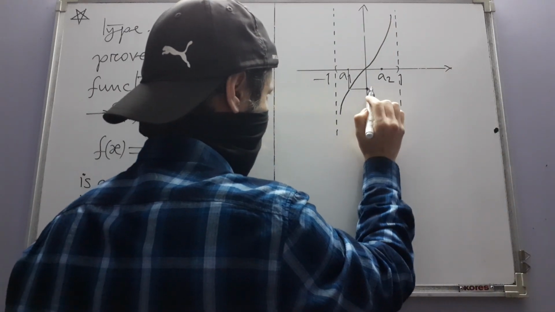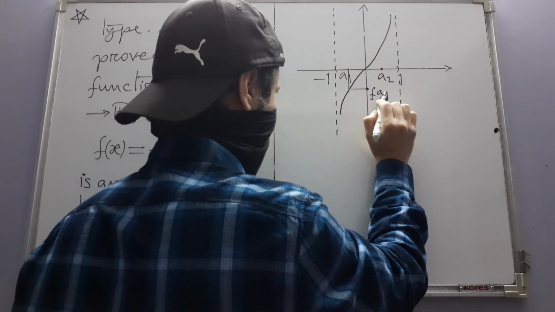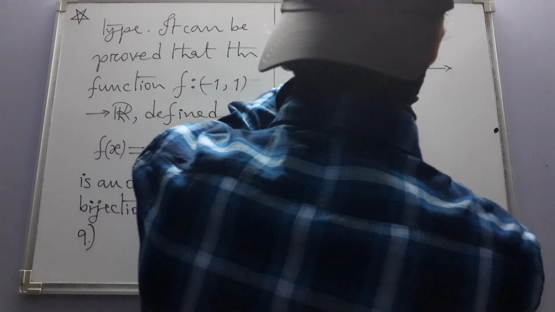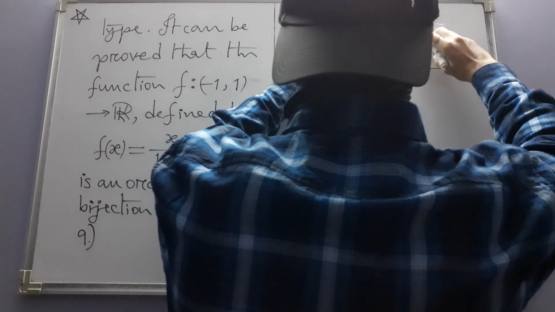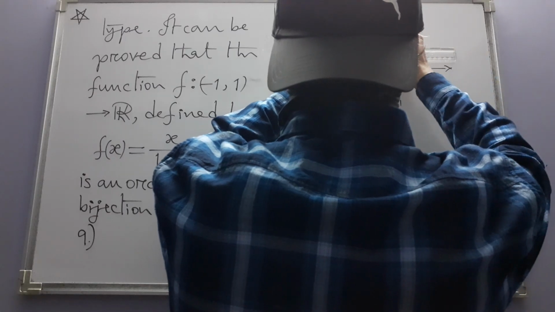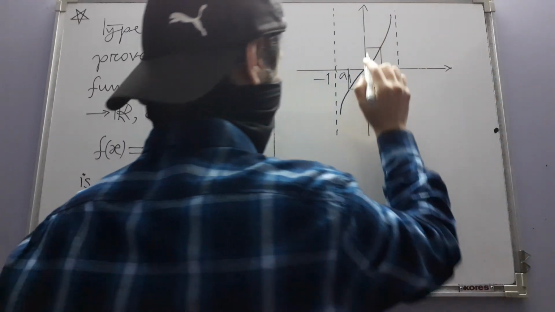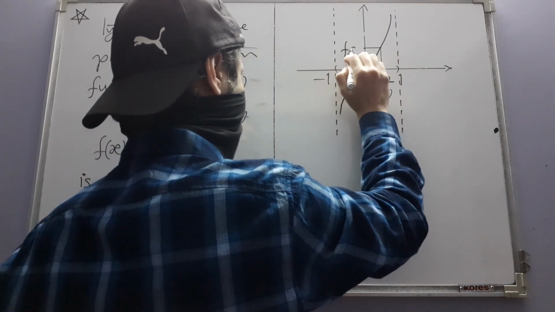This point is f of A1 on the y-axis, and similarly you can find f of A2. This is f of A2.